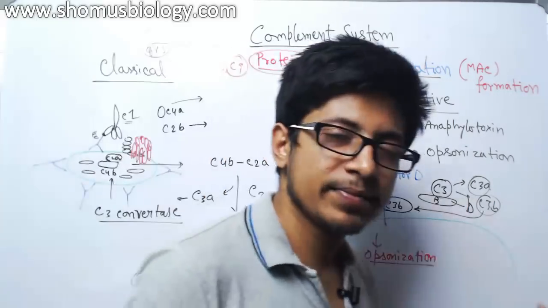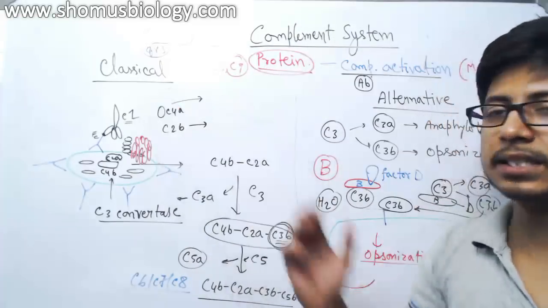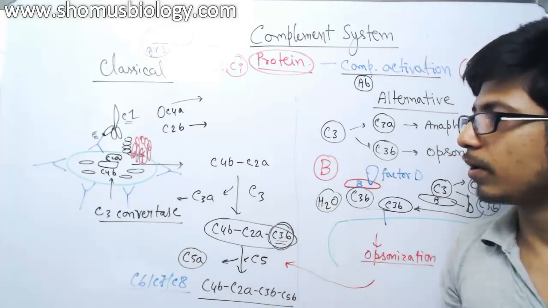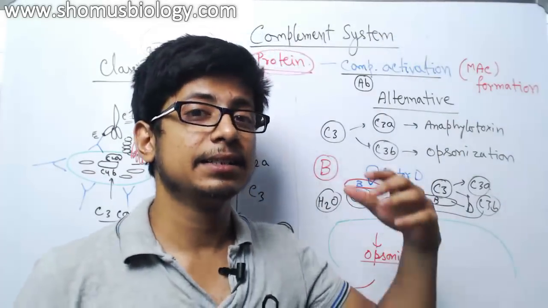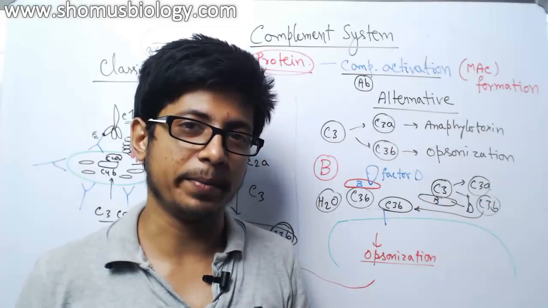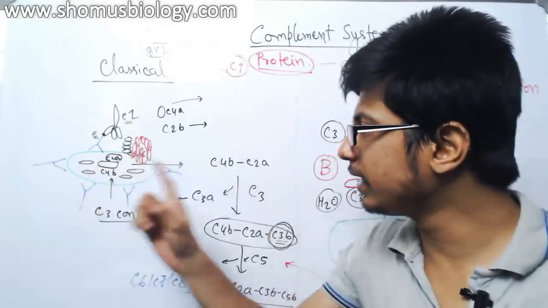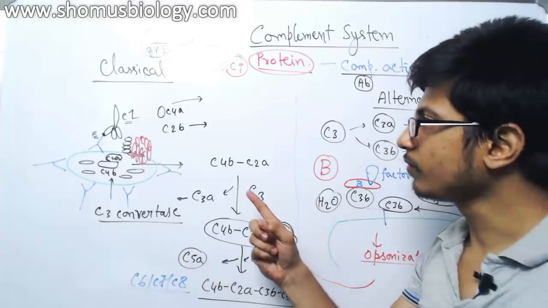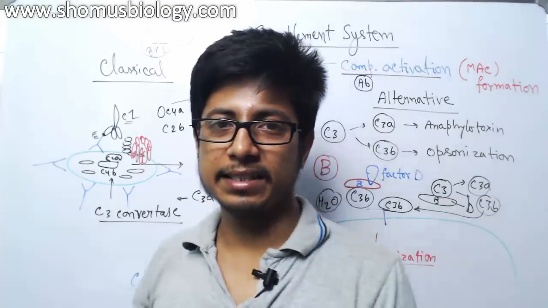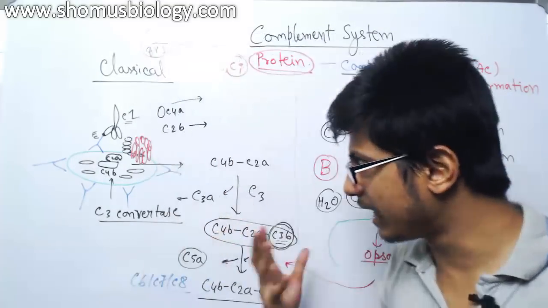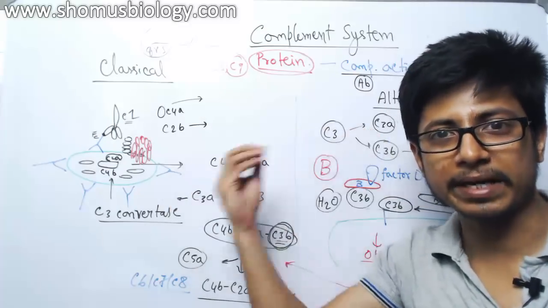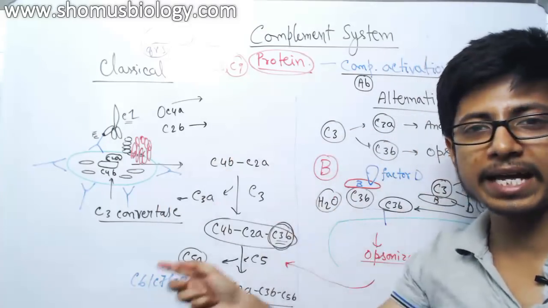So that in a sense is the difference between the classical pathway of complement activation and the alternative pathway of complement activation. But remember, in either of these ways, we see the cell is dead, because that is the idea, to kill the target bacterial cell, and that is how they achieve this task.